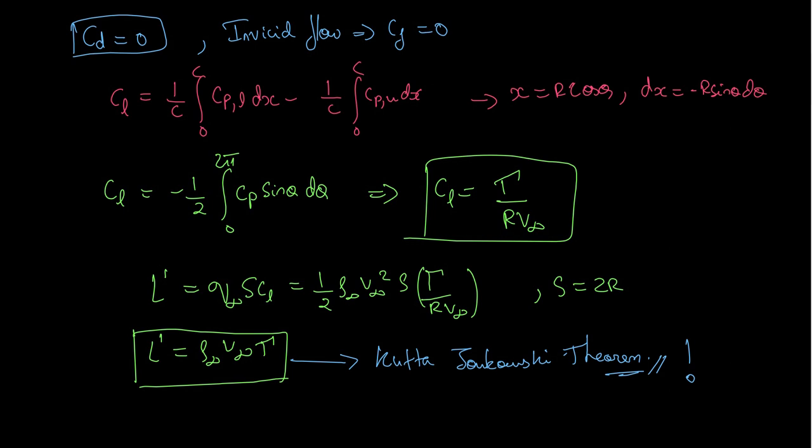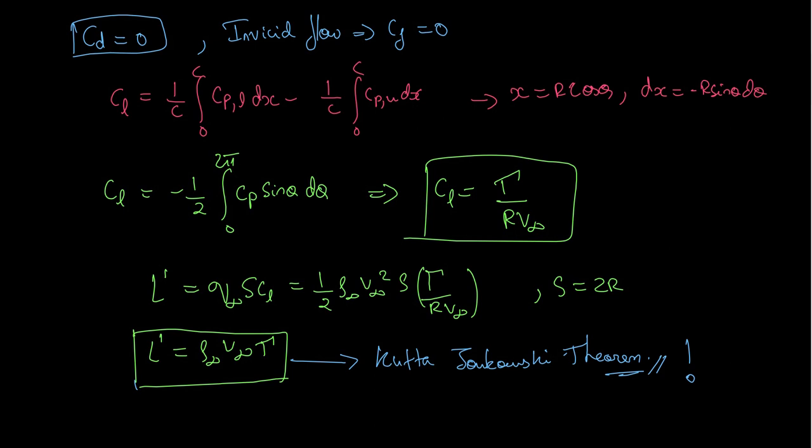So we have a few insights that we need to find here. While calculating this, we observed that there was no restriction on what kind of circulation, or what kind of gamma, should be taken. For a given flow field condition, for example, for a given V infinity, if I place an object in a field which has a free-stream velocity of V infinity, the gamma could be anything.